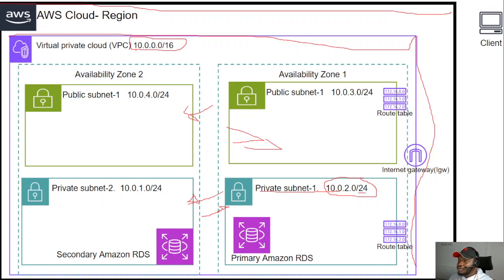So what does that mean? If you look at this critically, if I see a resource whose IP address ranges from, let's say, 10.0.4.2, maybe 4.5, I already know that this particular resource is a public facing resource because of the CIDR block range I predetermined, right?